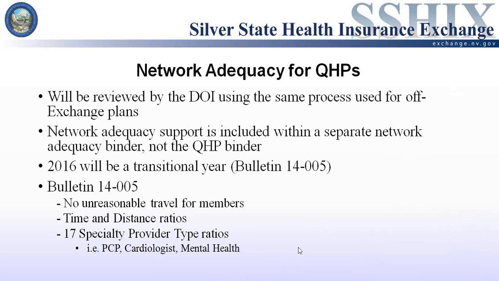There is a separate network adequacy binder that is going to be submitted by a carrier, and it's going to be a single network adequacy binder for both the individual and small group markets and all plans in those markets. So there won't be a QHP network adequacy binder or an individual market network adequacy binder or any network adequacy support in the QHP binder.